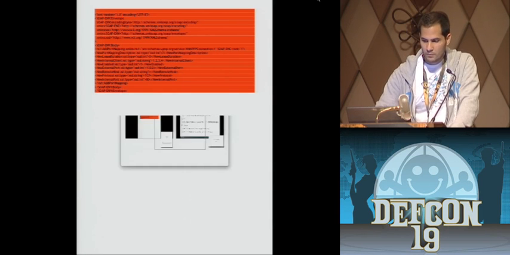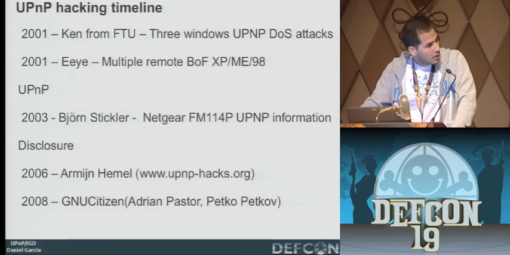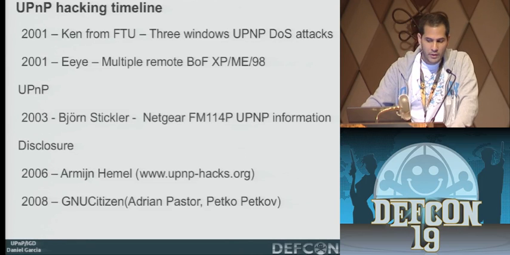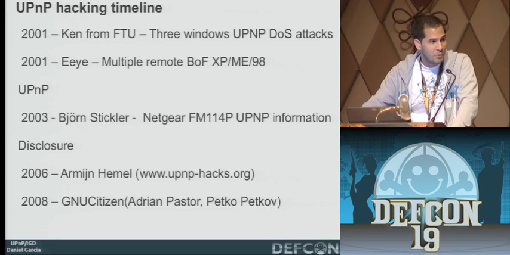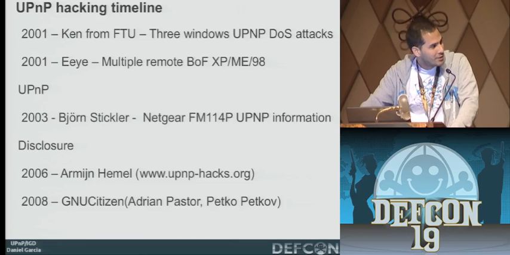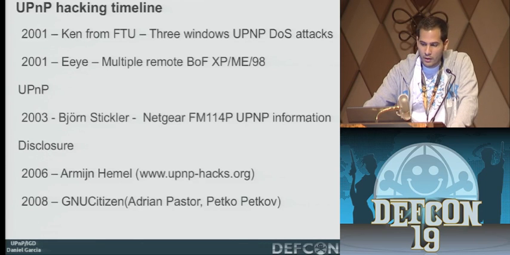So let's do a bit of the UPnP hacking timeline. It started in 2001. Came from FTU Security. He found a couple of denial of service attacks for the Windows XP stack. Obviously, UPnP was implemented in Windows XP first, Microsoft wanting to promote the technology. Then in 2001, again, EI published buffer overflows for the same stack. You probably remember that one. It was pretty popular.